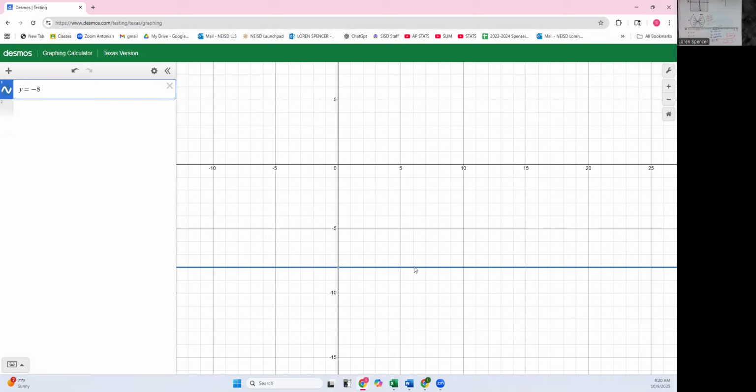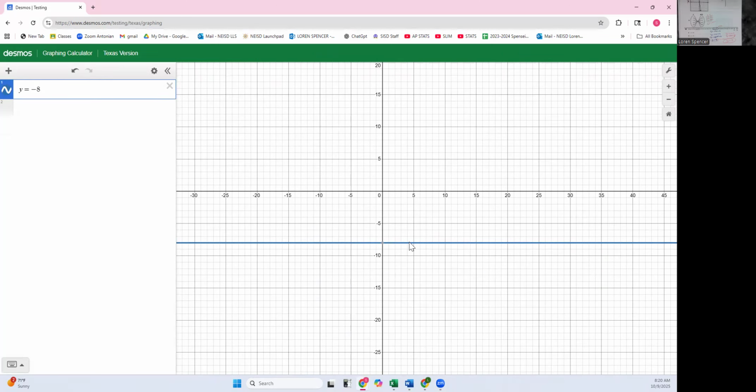Well, let me zoom. Anyway, I'm having trouble. There we go. 6, -8. And that's what we're supposed to have. And sure enough, that's on the line.